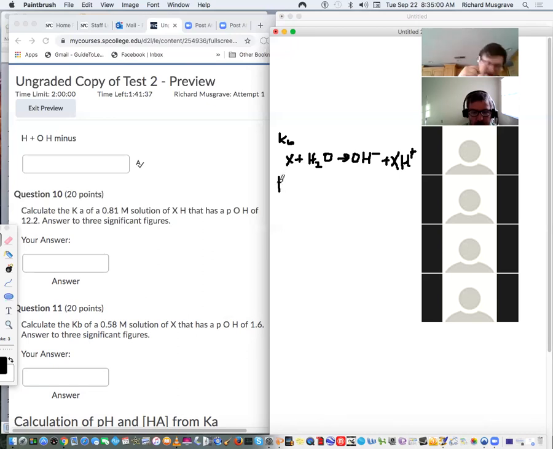Now the initial is going to be 0.58 and 0 and 0. And then on the equilibrium, it'll be 0.58 minus Z, Z and Z.